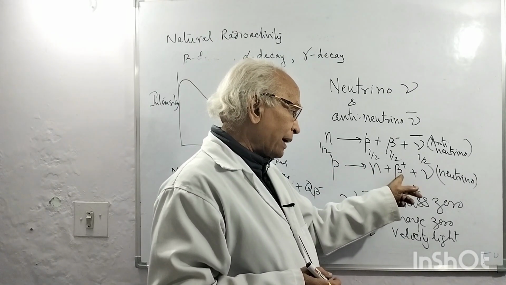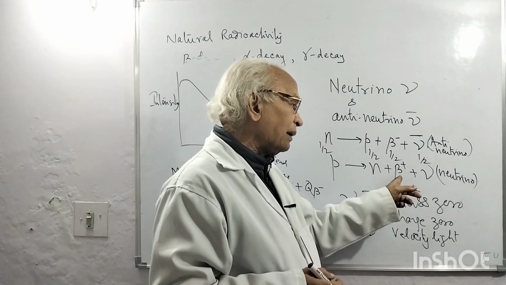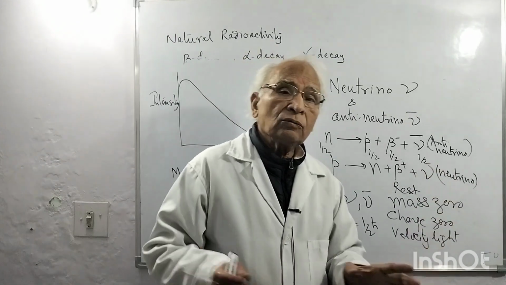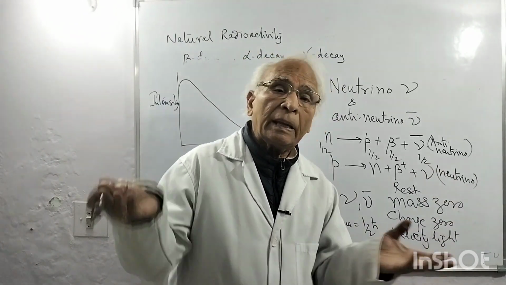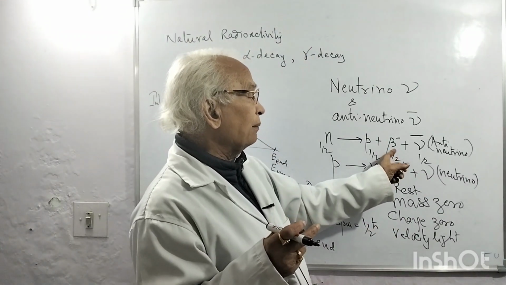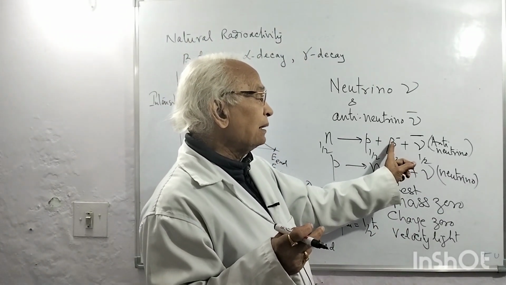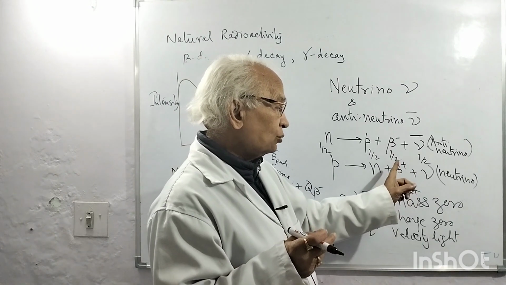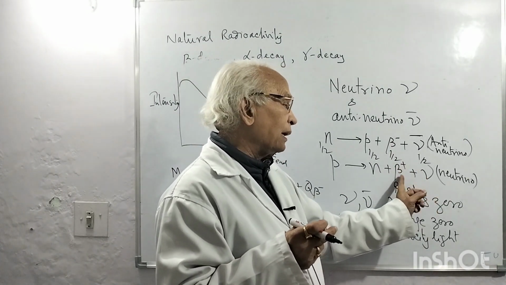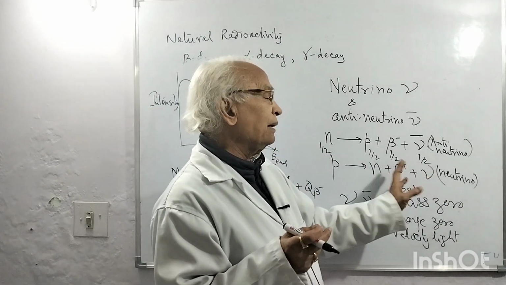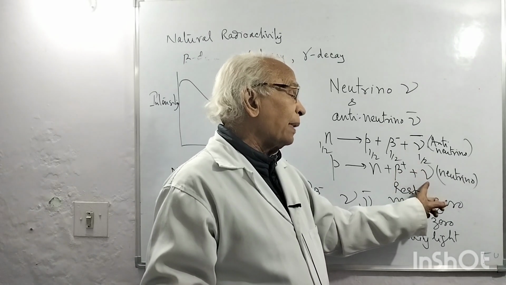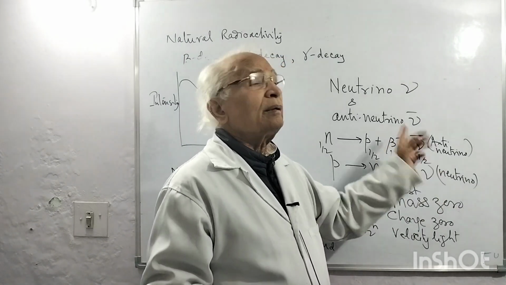So if this has a minus lepton number, this is the antiparticle, then here we should have a particle, so that lepton numbers are conserved. So for the conservation of lepton number in particle physics, this is a particle and this is an antiparticle, so that they have different lepton numbers. An antiparticle comes with a particle, a particle comes with an antiparticle.